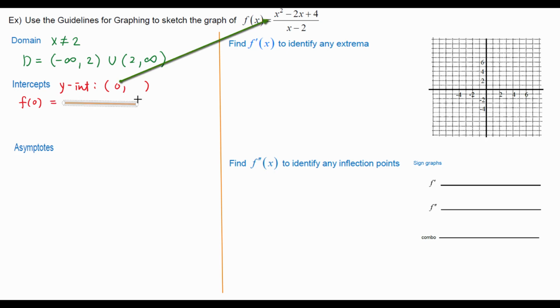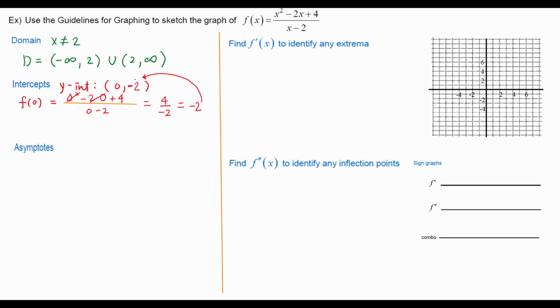That will be quantity 0 squared minus 2 times 0 plus 4 over 0 minus 2, which is equal to, that's 0, that's 0, I have a 4 over negative 2, which is negative 2. And your y-intercept is (0, negative 2) then.